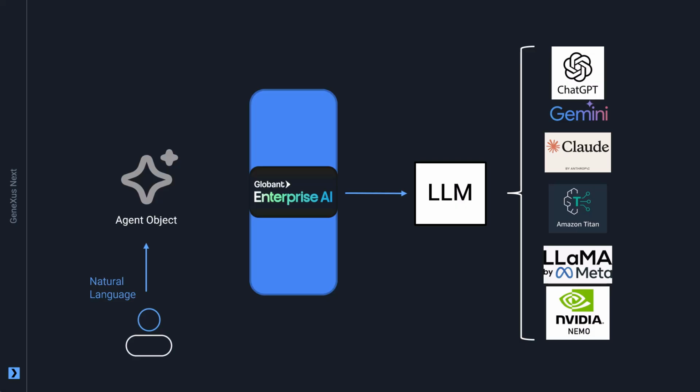Thus, when the agent object in GeneXus receives a text in natural language, it connects to the artificial intelligence engine through Globant Enterprise AI. But this agent, once registered in Globant Enterprise AI, can be used not only from GeneXus, it becomes available for use by others as well. We strongly recommend taking the Globant Enterprise AI course to learn everything you can do to provide agent-based services to any application, whether in combination with GeneXus or not.